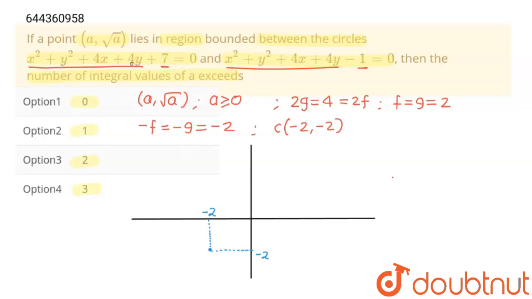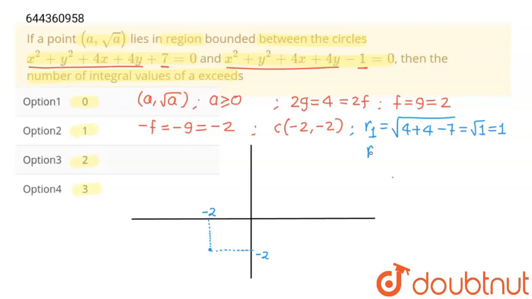Now I'm going to find the radius of both circles. First of all, the radius of the first circle. The radius formula is root under g square plus f square minus c. g is 2, f is 2, so 2 square is 4, plus 4, minus (-7), this will become square root 1, which is equal to 1.